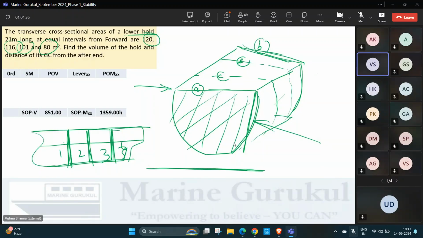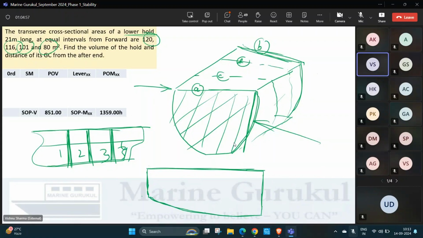I'll change the length of these cross-sectional areas depending on the value. Like 120 will be the maximum, 80 will be the minimum of the given ones. And then I know the keel is not curved, but just to make my diagram relevant to the question, I'm curving the keel.